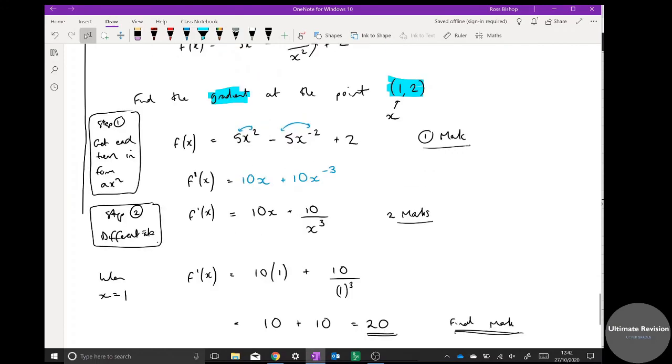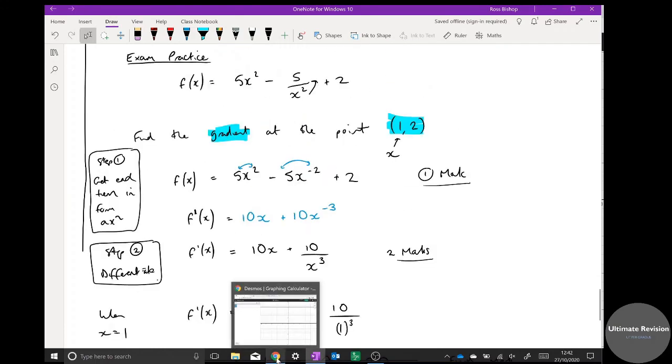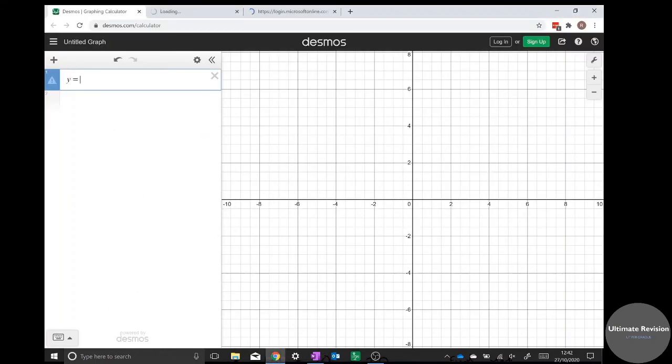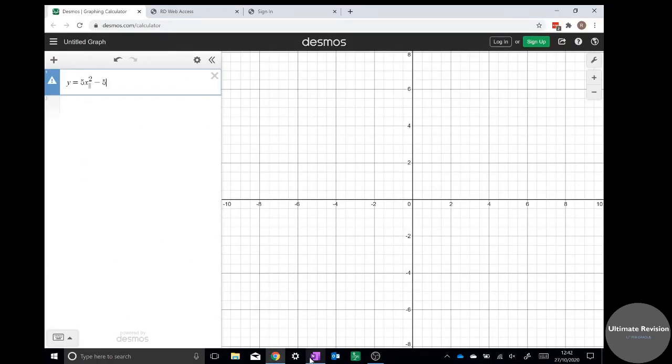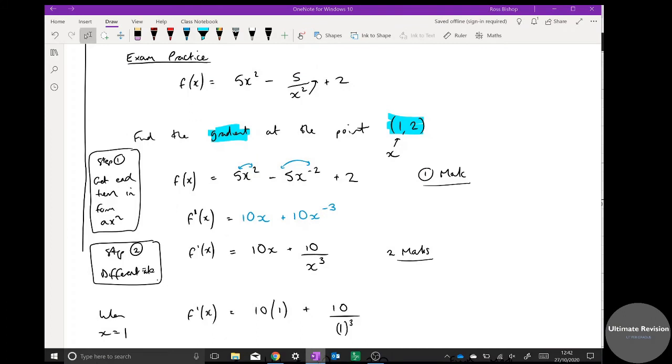It was y equals 5x squared minus 5 over x squared plus 2.